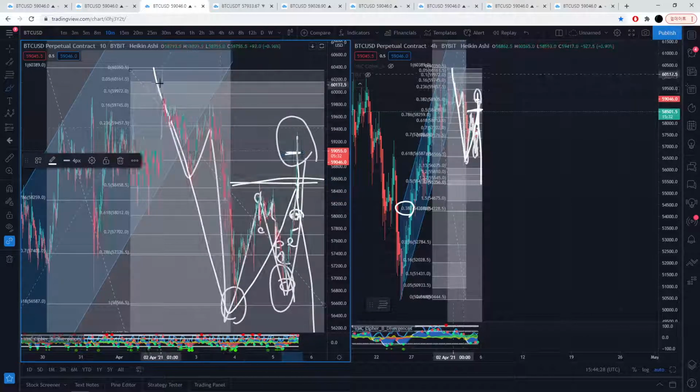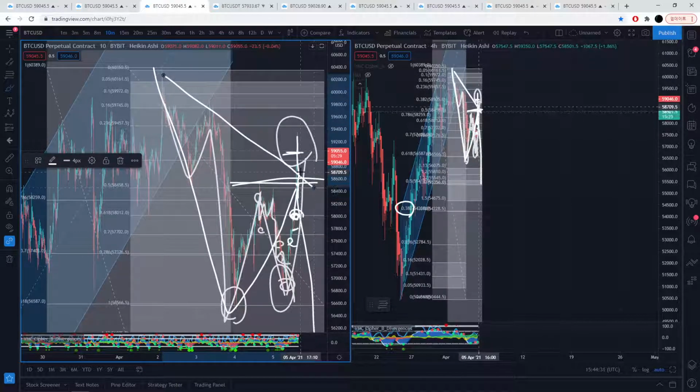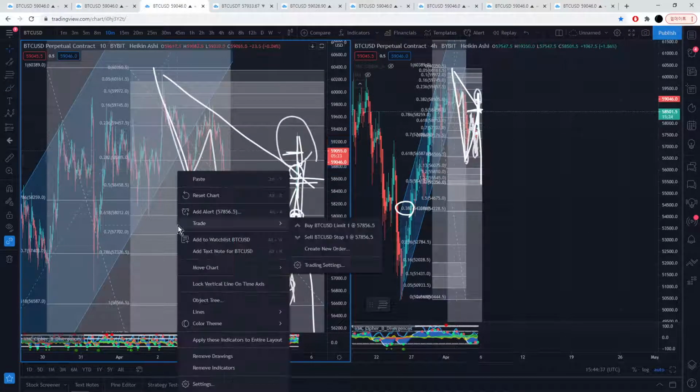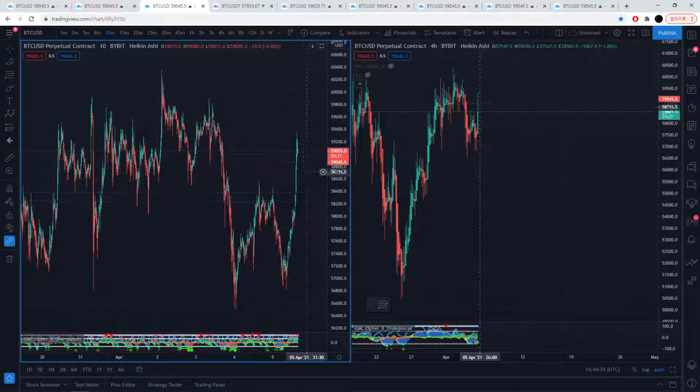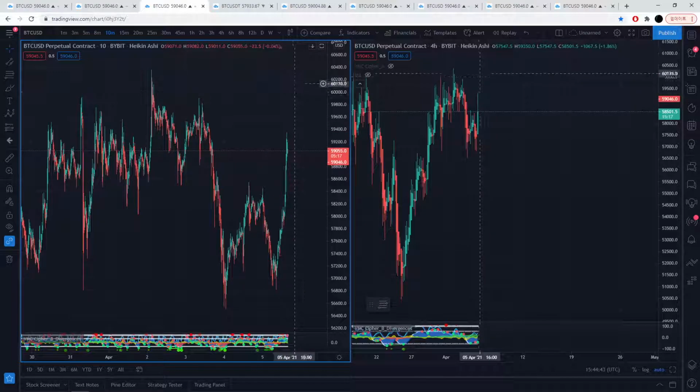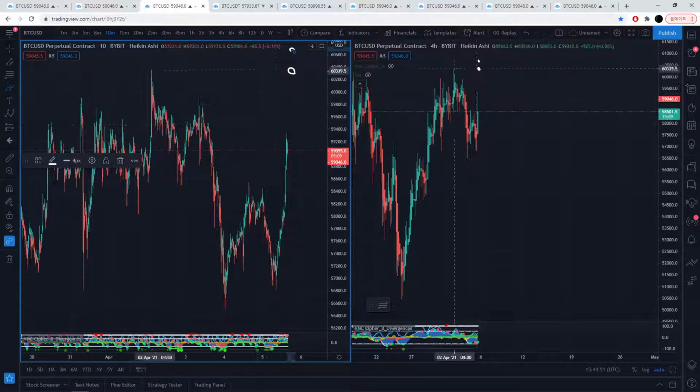I thought it was going to finish here because of the resistance line here, but it went over, meaning there was an extension. So from here, I would not trade because I'm not sure. I don't know if it's going to be a running flat or a regular flat. I would wait, and once it finishes, I would take a short position, either here or at the irregular. That's what I would do.